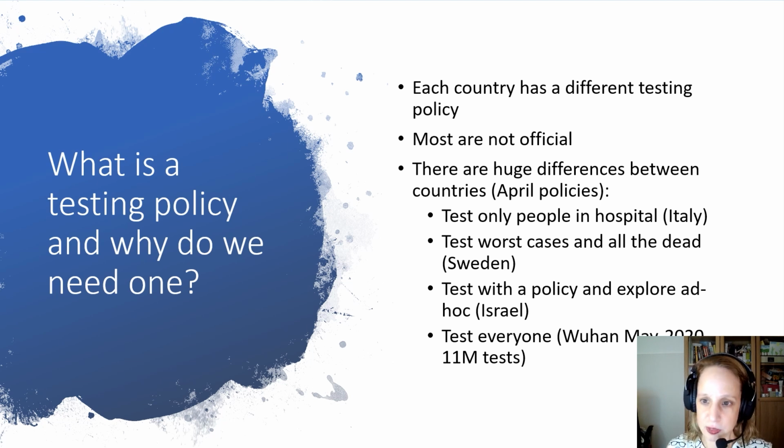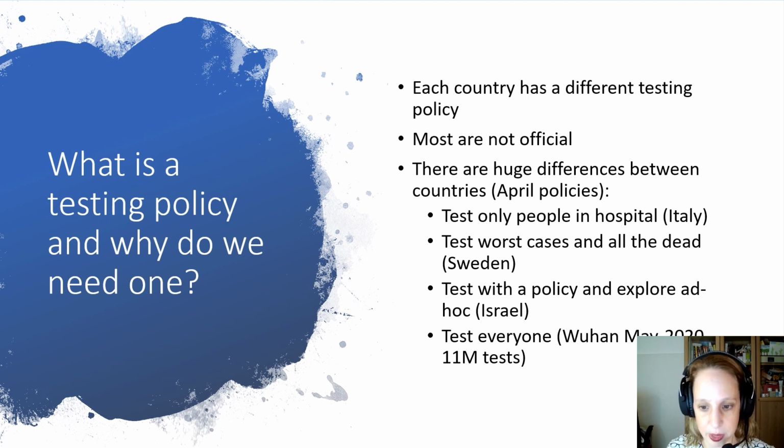We did this research during April when Israel was at the peak of her first wave of COVID-19. And at that time, little was known about how the virus behaves and how the virus spreads. Each country had a different testing policy. Most of them were unofficial, so it was really hard to compare the situation between countries. And there were huge differences, because Italy, for example, tested only people that were in hospitals.